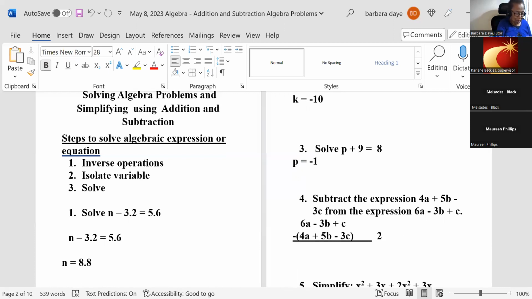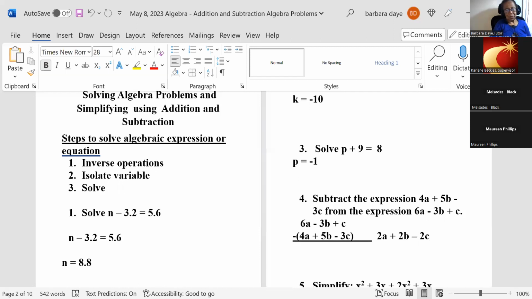You got 2A, and what's your B? 2B. Plus or minus? Plus. So you got a plus 2B. And what's your C? A minus. Minus what? 2C.